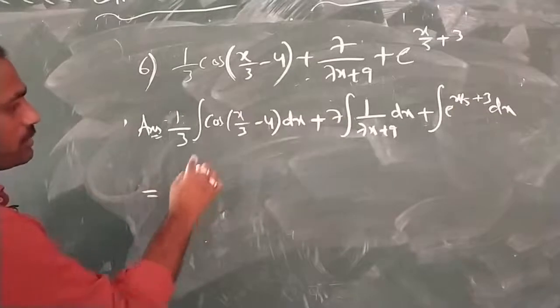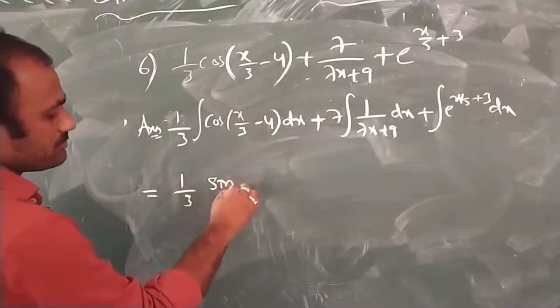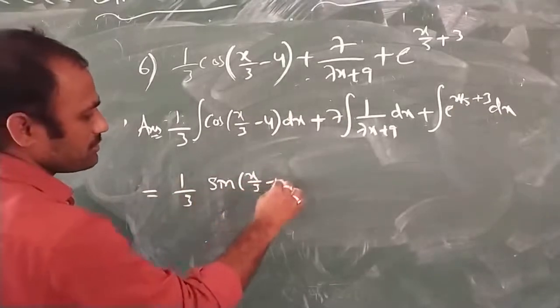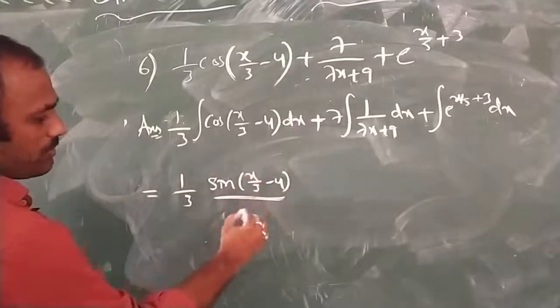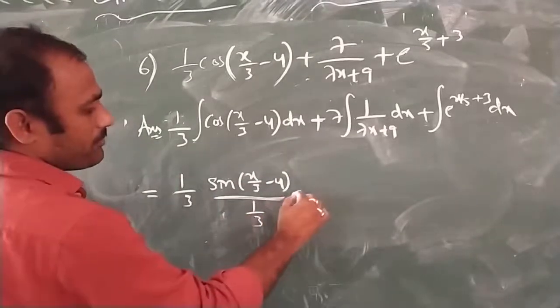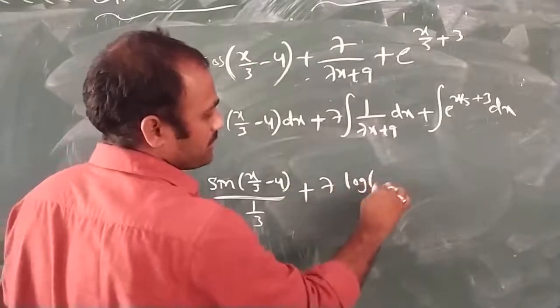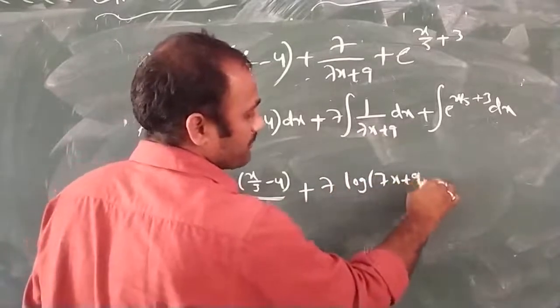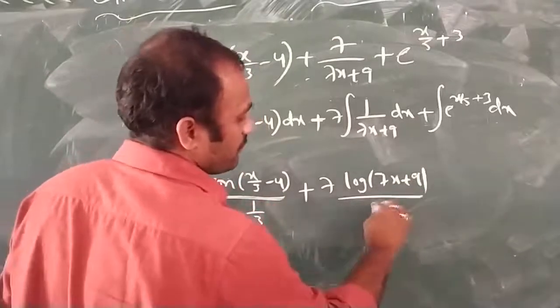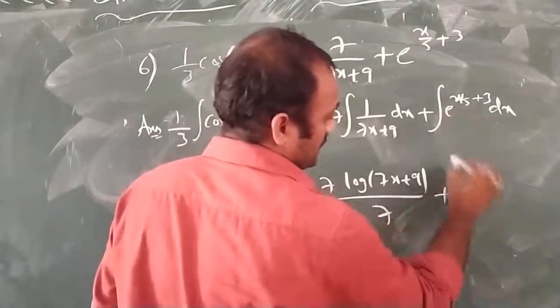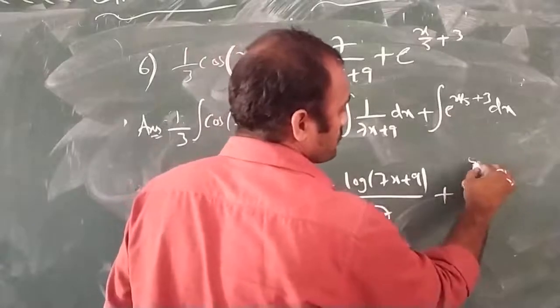So 1 by 3 into integral of cos function is sine. So sine function as it is. In place of x, 1 by 3 is there extra, so we divide by 1 by 3. Plus 7 into, it is log function, 1 by x, so log of 7x plus 9. Instead of x, 7 is there, so we will divide by 7. Plus e power x, integration will be e power x only.